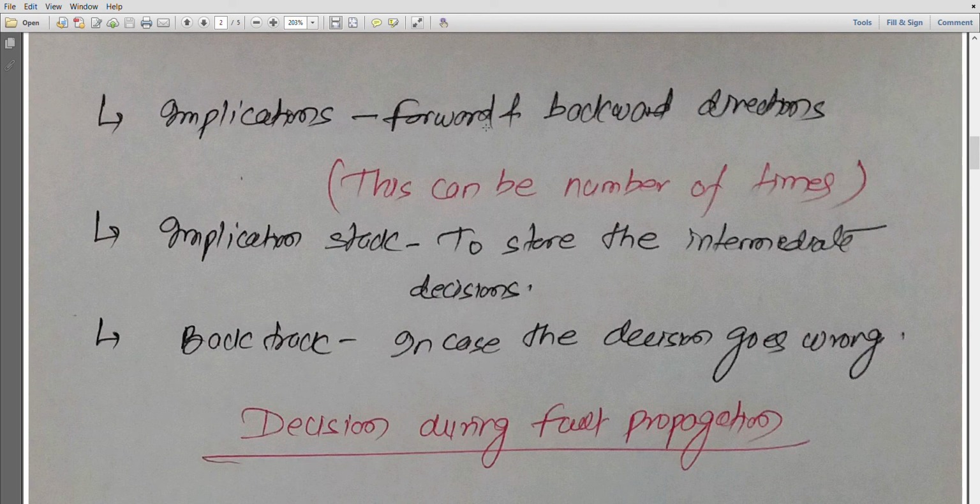So that is the implication. You cannot change it. For an AND gate it has to be 1, and for an OR gate it has to be 0. By considering that implication, we move ahead in the forward direction, and if anything goes wrong, we come back in the backward direction, review the circuit and the logic, and accordingly change the logic. So the forward and backward tracing is definitely based on the implications.